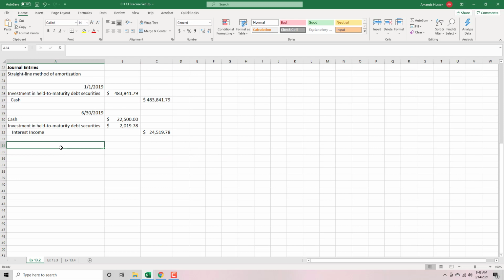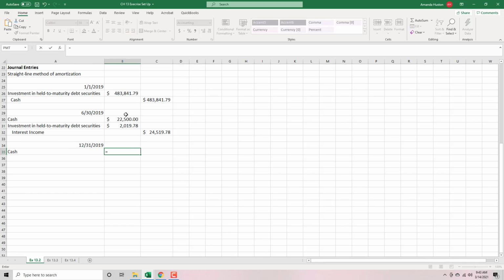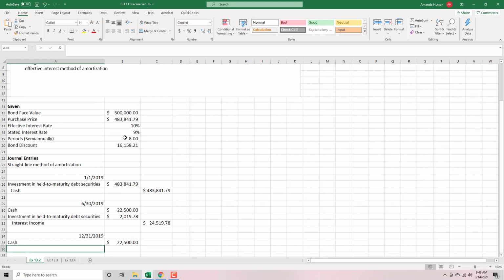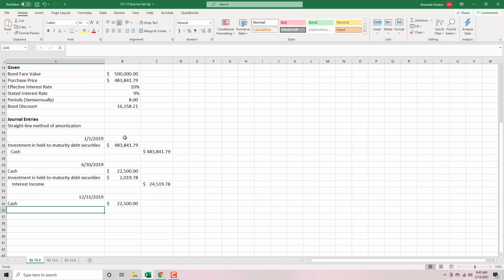So the cash is going to be the same. The cash is always the bond face value times the stated interest rate times, if it's semi-annually, 0.5. In the straight line method, the investment in held to maturity debt securities, which increases it to take care of the bond discount, is the same.